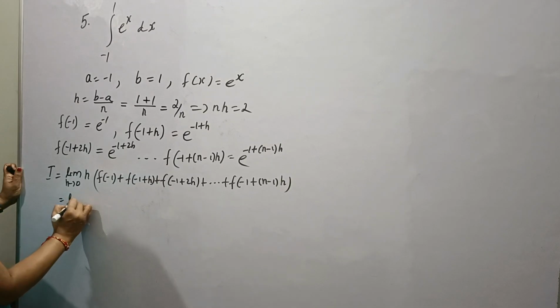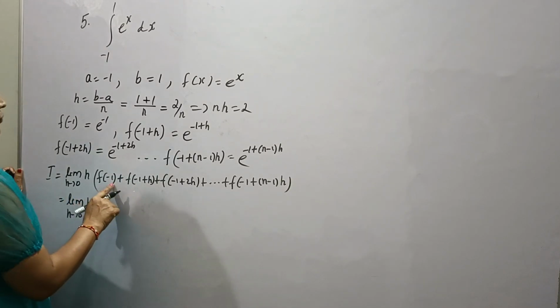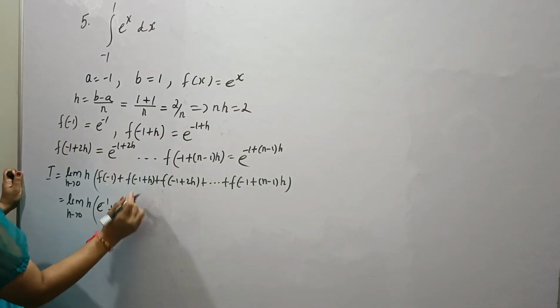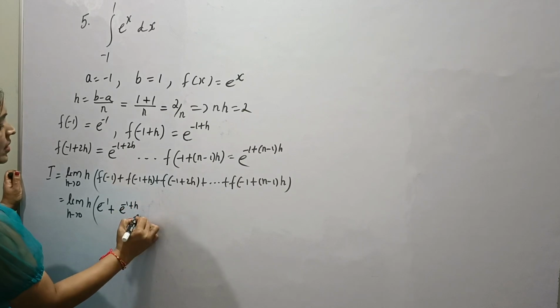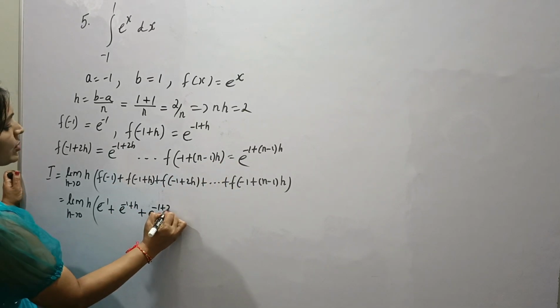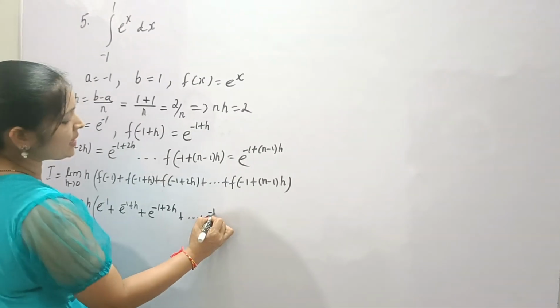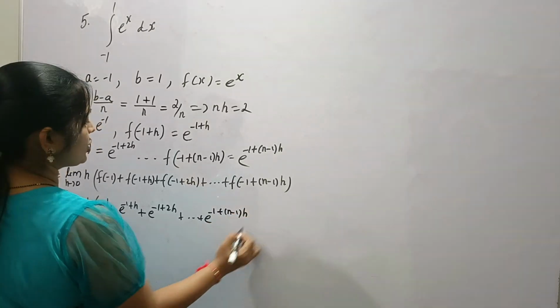That is equal to limit h tends to 0 h into, here f of minus 1 is e raised to minus 1 plus, next is e raised to minus 1 plus h plus e raised to minus 1 plus 2h, plus etc. plus e raised to minus 1 plus n minus 1 into h.